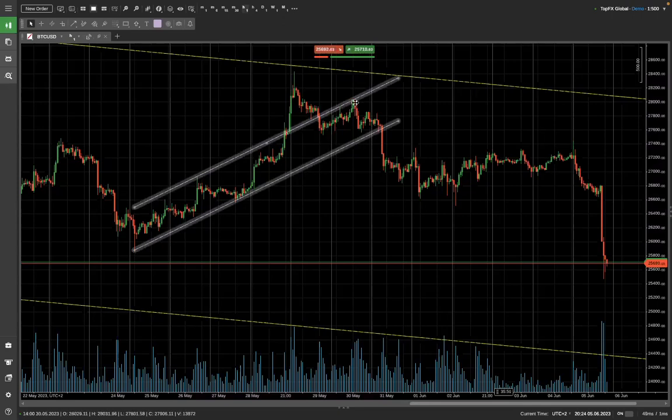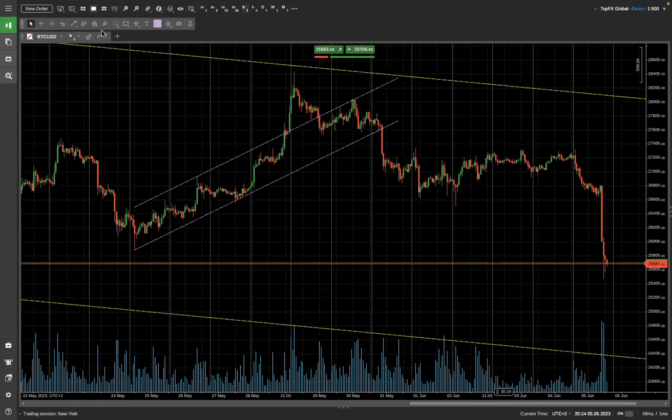But remember that very, very often the market keeps testing these channel lines from the inside or from above, from the bottom or from above, even after the market has already broken out to the upside or to the downside. Okay, so that's a very, very typical behavior as well.